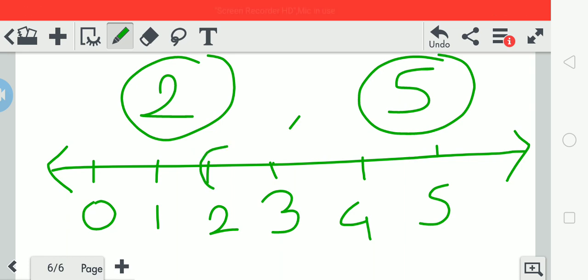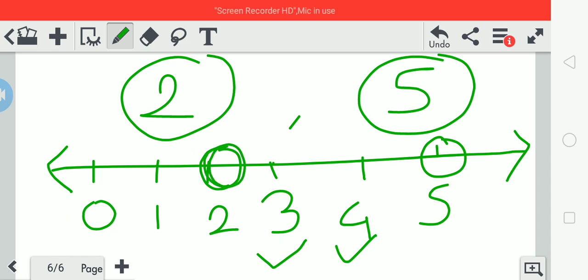So in between 2 and 5, two numbers come, 3 and 4, right. I repeat the question. We have to find how many integers will come in between 2 and 5. So I draw one number line from 0 to 5: 0, 1, 2, 3, 4 and 5.